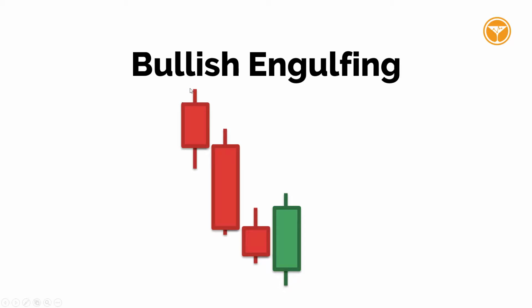Now we can see here that we've got a couple of bearish candles, and then we've got a candle down the bottom here, which has engulfed the previous candle. The reason why this is important to understand is that if we have a trend and the trend's going down, once you see a candle here, which is a little bit smaller than this one, it generally signifies a potential change in trend.